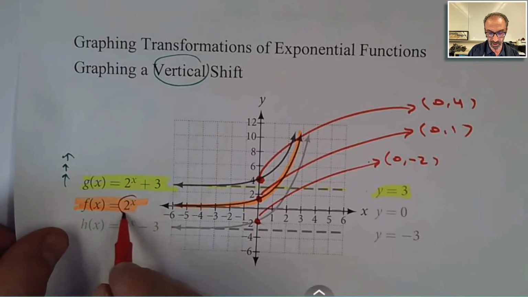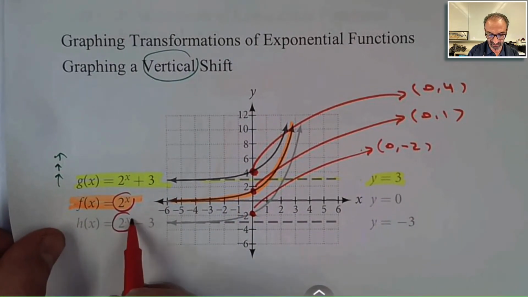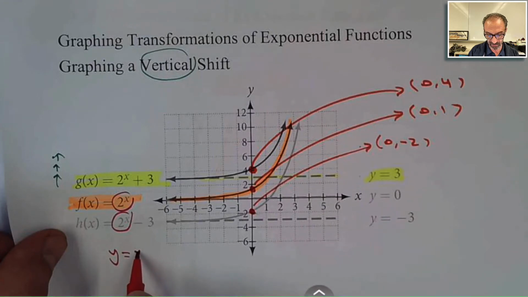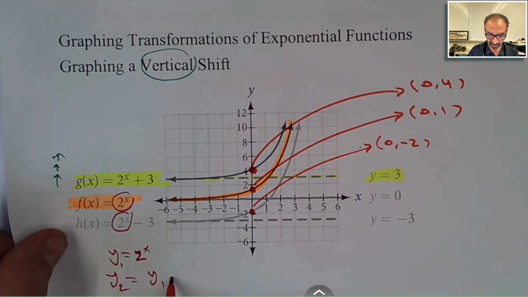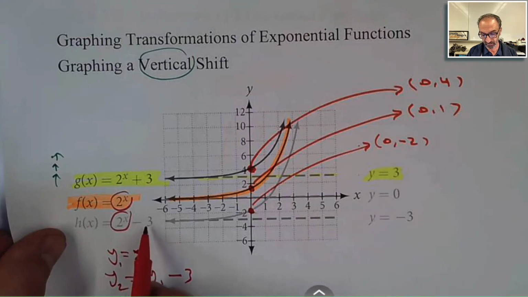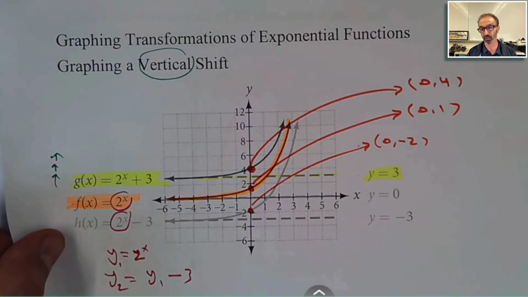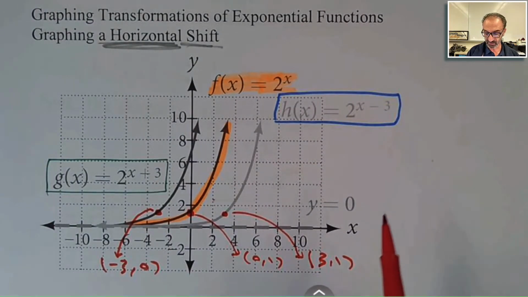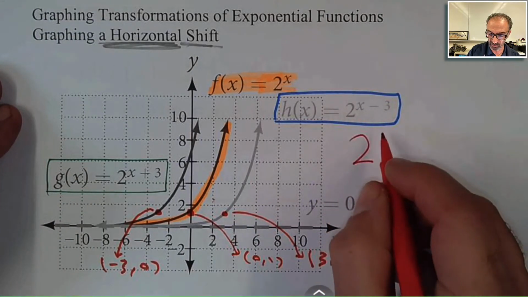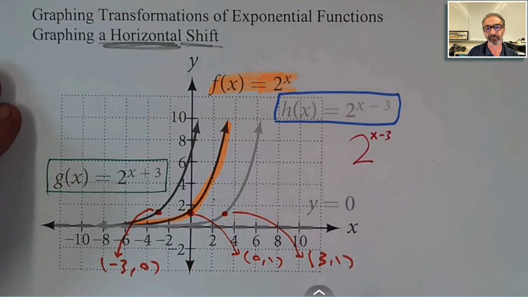This is like my y, and here I'm subtracting from all of it. So it's like y equals 2 to the x, and this is a new y, which is the old y subtracting 3. That's the concept. I'm subtracting 3 from the original y values, where here I'm subtracting 3 from x. If it's not clear, this is what it says: 2 to the power x minus 3.